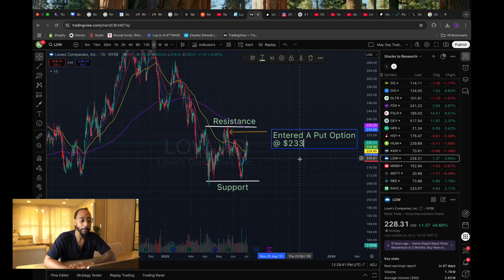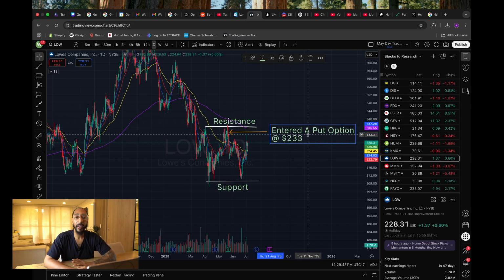So now we got to ask ourselves, what is the resistance? As we can see right here, the resistance is about 236, 237. And that coincides with that market structure right there.